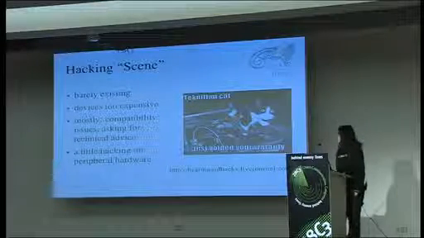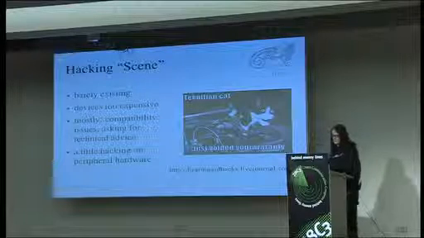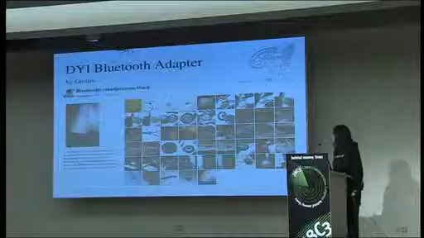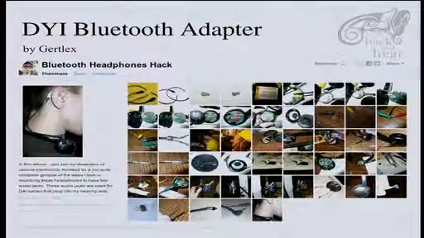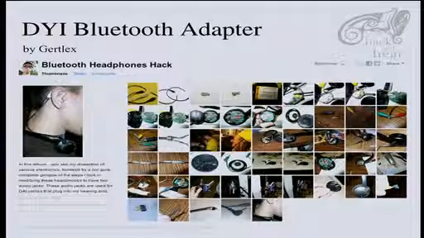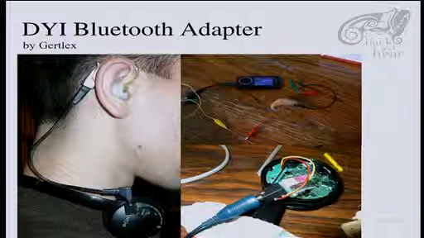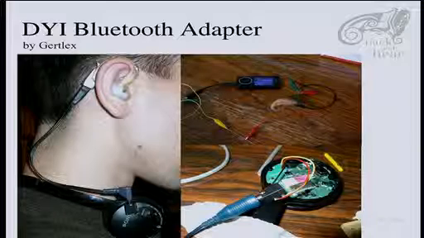But there is a little hacking on the peripheral hardware. I will show two examples. There's one guy called Gertlex who built his own Bluetooth adapter. He posted this on Flickr, quite detailed. What you can see here is that he used a Sony wireless Bluetooth headset and hacked it in a way that you can connect the direct audio input cables from the hearing aids.